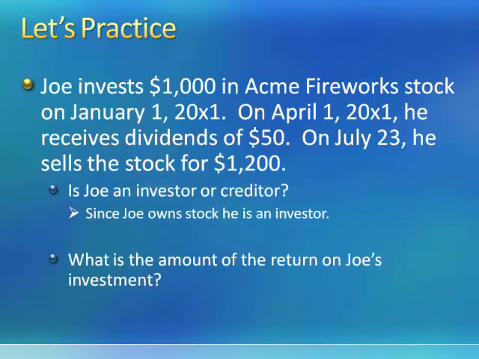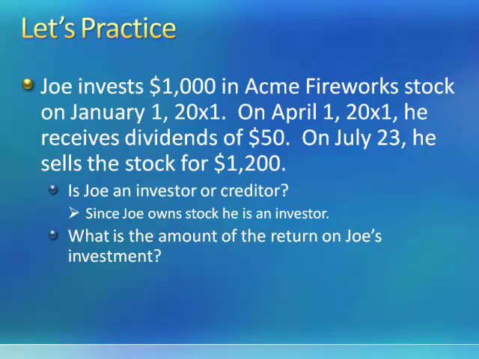Next question. What is the amount of the return on Joe's investment? So we want to calculate the return on the investment. To calculate the return on the investment, we determine the amount that's repaid, $1,200 plus $50, less the original investment of $1,000.